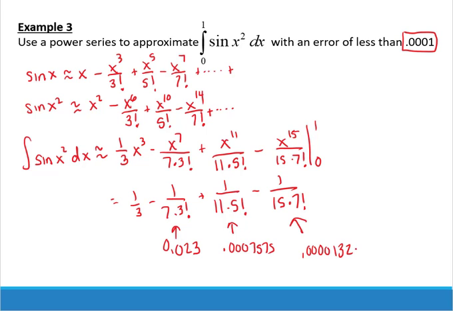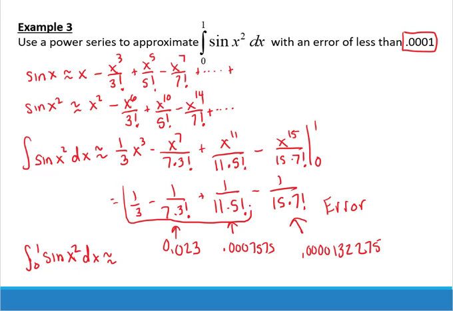So if I sum up all of these values, I can say that this is approximately equal to the sum of those three terms. When I sum up those three terms, I get 0.3102813853. Okay, so that's a good application of where you might see this and what we're actually doing here.